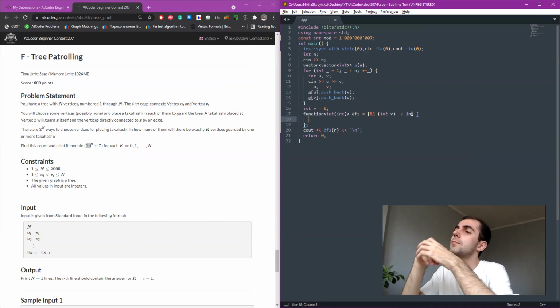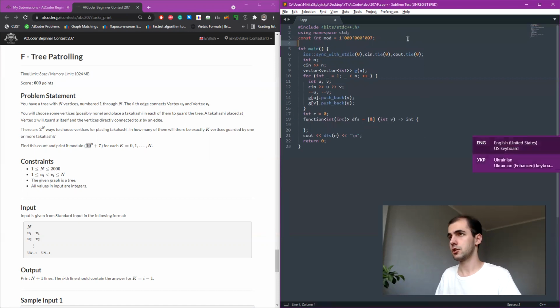It's not likely that it's going to return an integer, right? It's going to return a map.